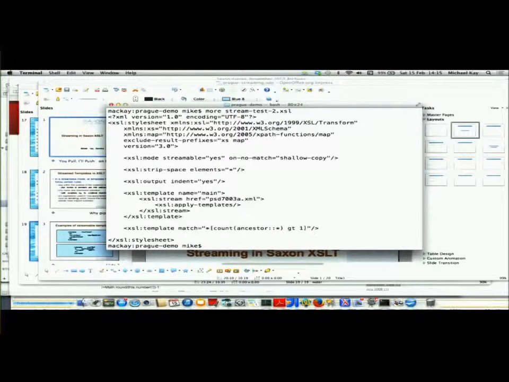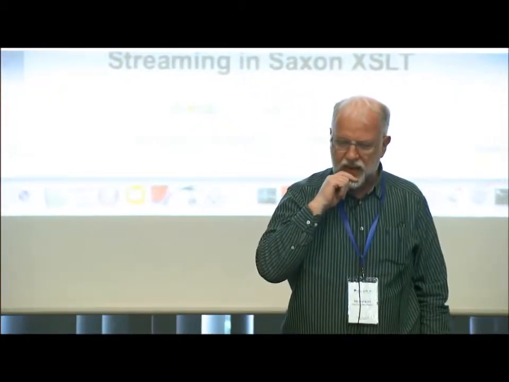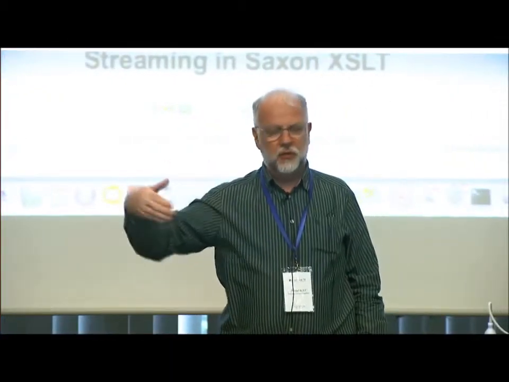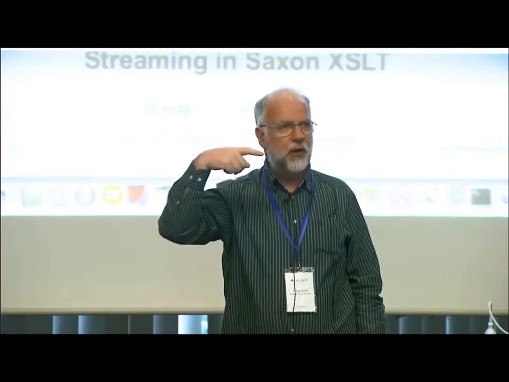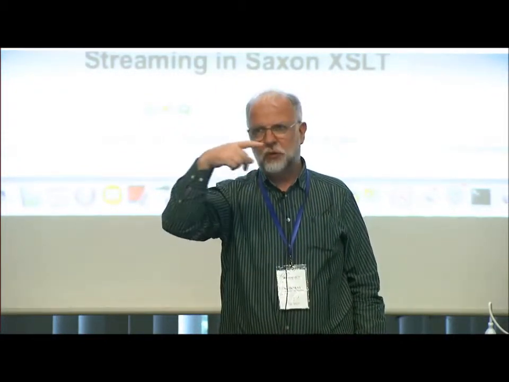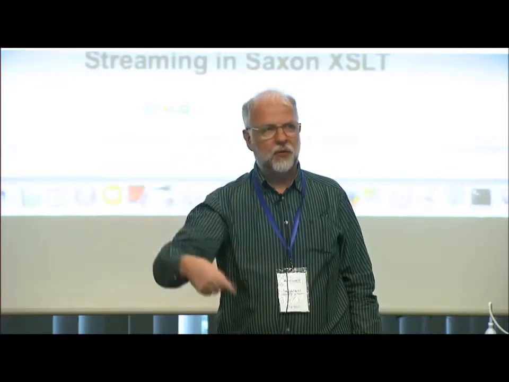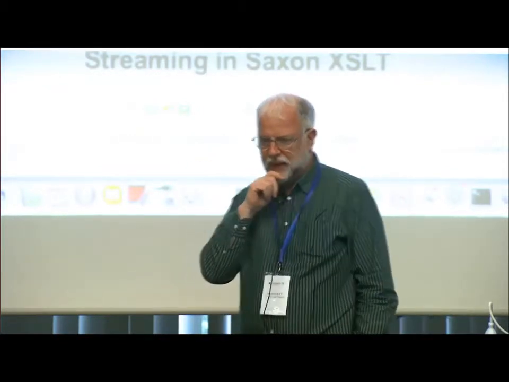I've then got one named template to fire things off. It's just saying xsl:stream, which says apply streamed processing on this URI. The only thing it's going to do with that URI is apply templates to initially the document node, and that's going to go through the default templates and apply templates to the children and so on.